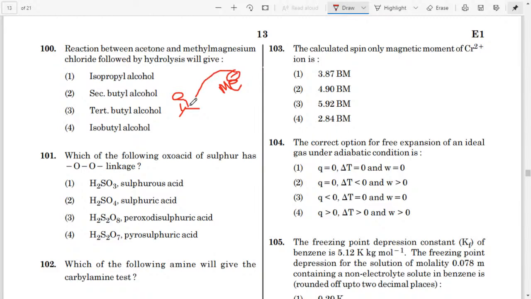So it is a Grignard reaction. It is going to add to this carbonyl carbon and form the alkoxide, with O minus and magnesium here. Upon hydrolysis, it is going to form tertiary butanol, which is option number 3. Tertiary butanol is the correct option, students.